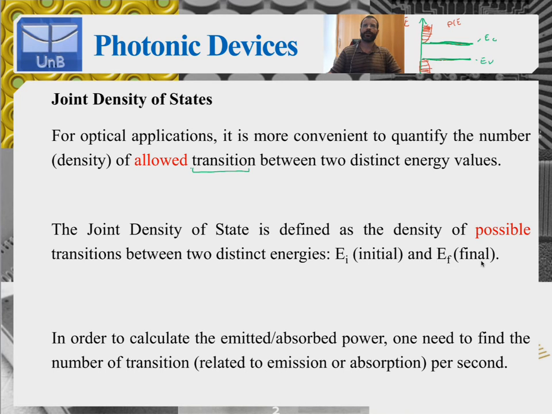Okay, so to try to get a better grasp of what this density of states will be, we can think of the band diagram with the rho of E, the regular density of states which we have seen, plotted alongside in the conduction band and in the valence band.